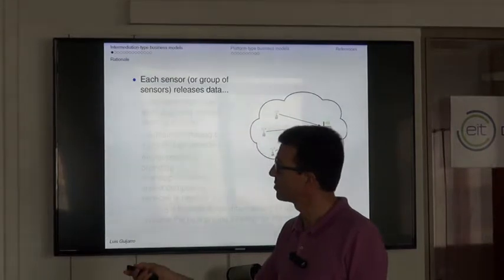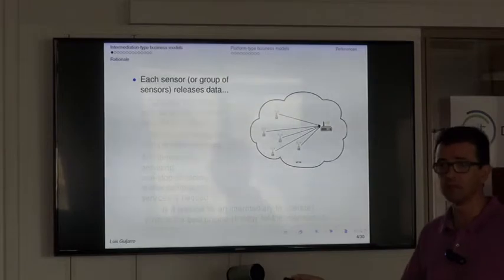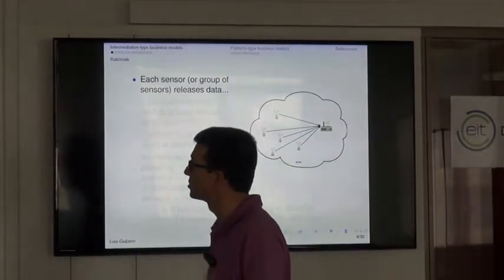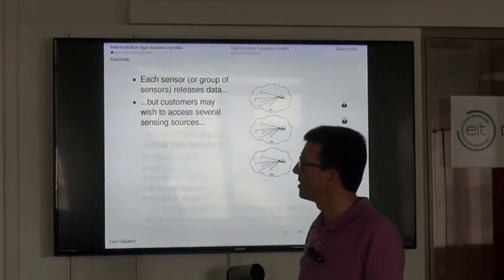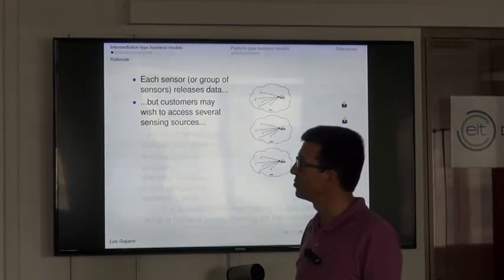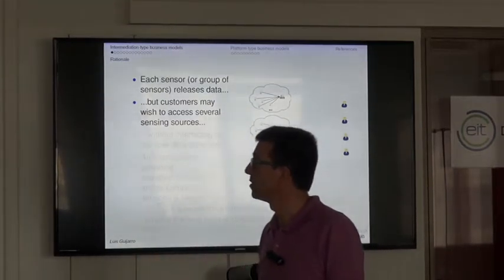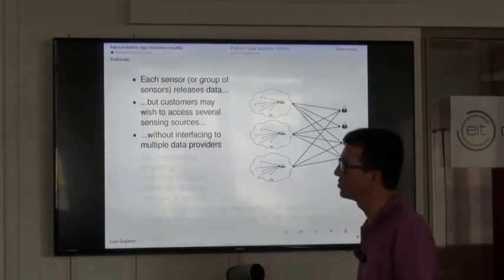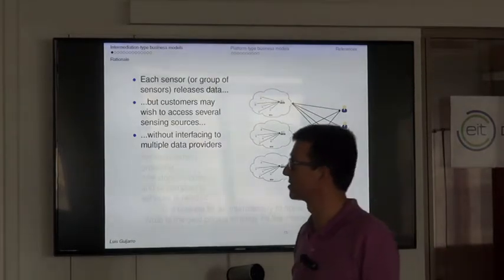Here we have a sensor or a group of sensors that can sense data and deliver this to somebody. And we have users, customers that may wish to access this data, of course, without having to interface to every one of the sensor networks.